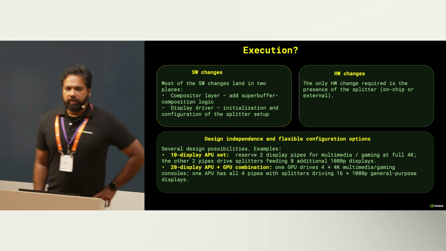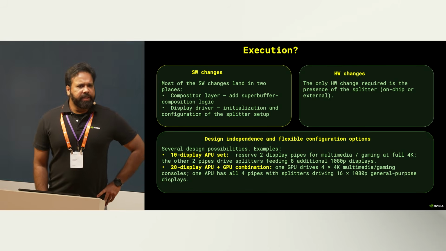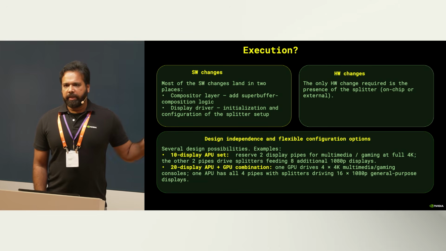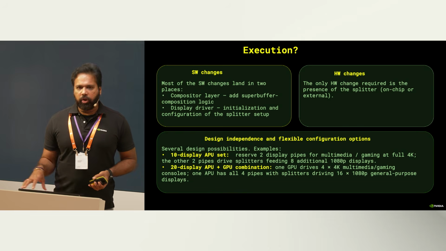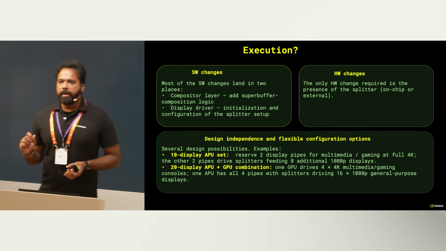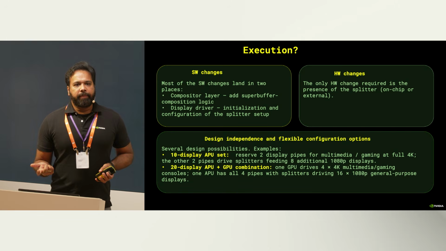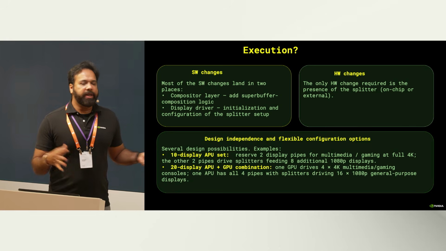As I mentioned, if you want to do this execution, software changes are very simple, because everything mostly goes into the compositor. Nothing comes into the driver side. Mostly it's transparent. And if you have a good splitter that comes with active programmable firmware, then even that becomes one-time programming, because in places like automotive or industrial, display configurations are fixed.